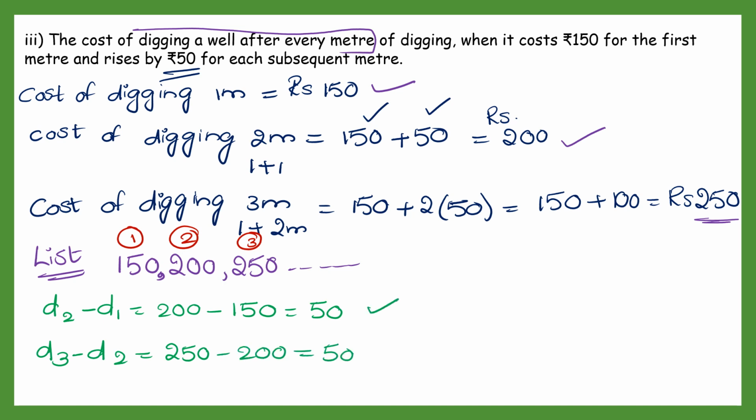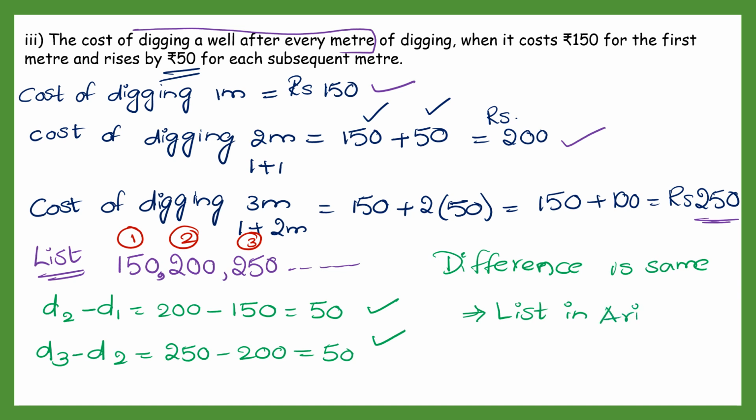So the difference is same. So we can tell the list is in arithmetic progression. So the given situation helped us to form an arithmetic progression.